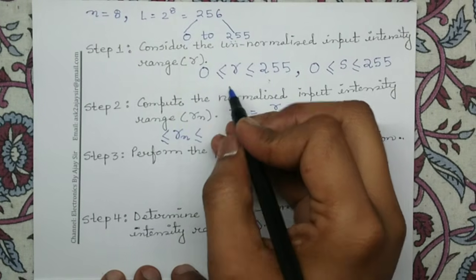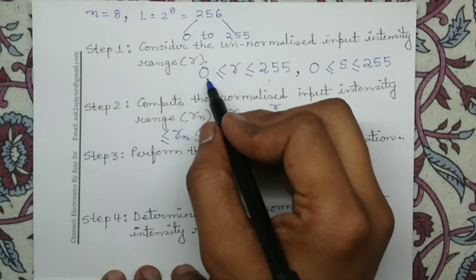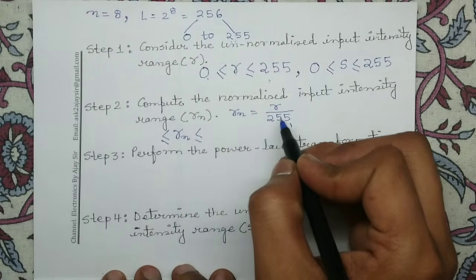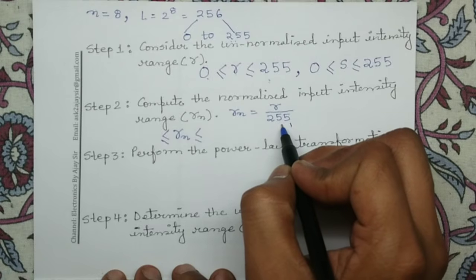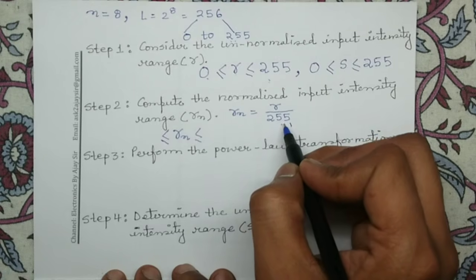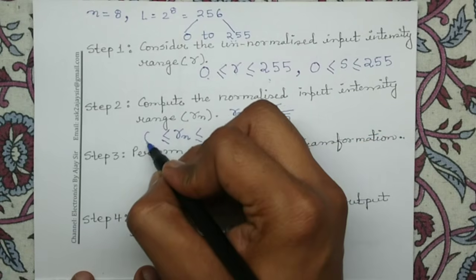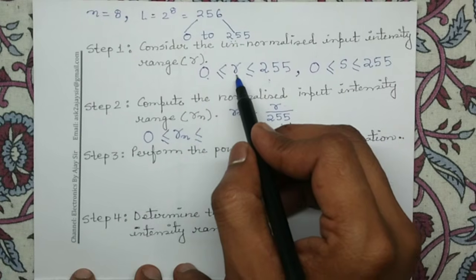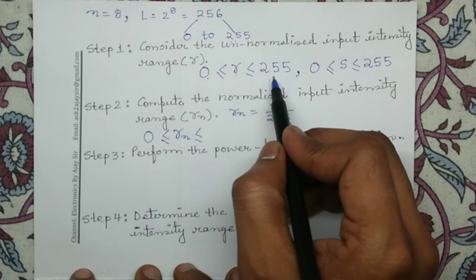First the minimum value. The minimum value of R is 0. If you normalize this intensity value 0 with respect to its maximum intensity value 255, that is 0 divided by 255, it becomes equal to 0. Next, the maximum value of R is 255.